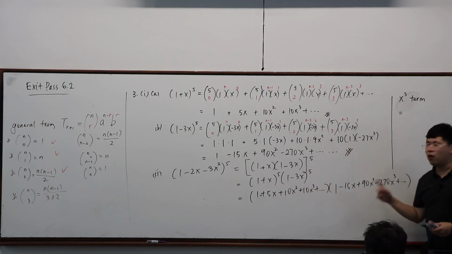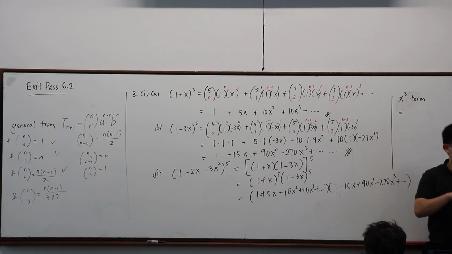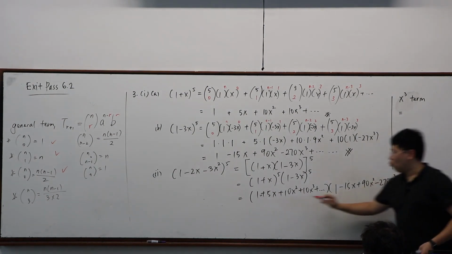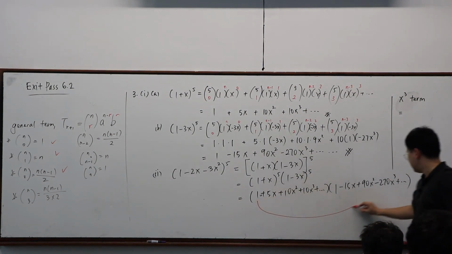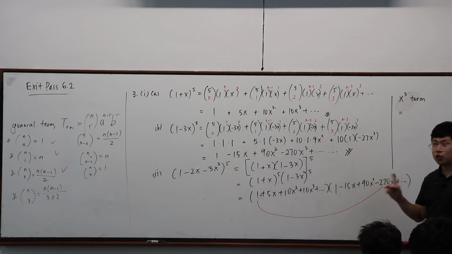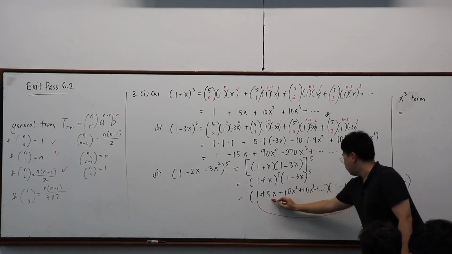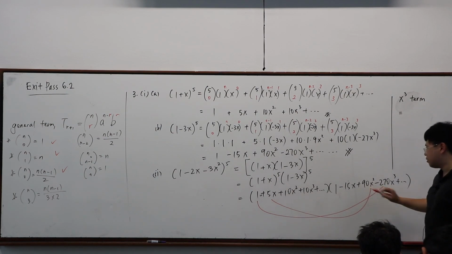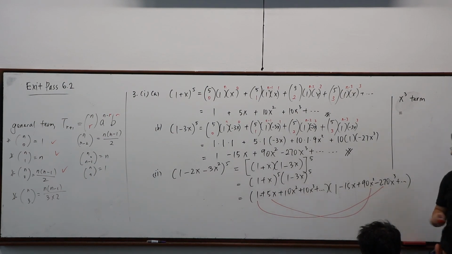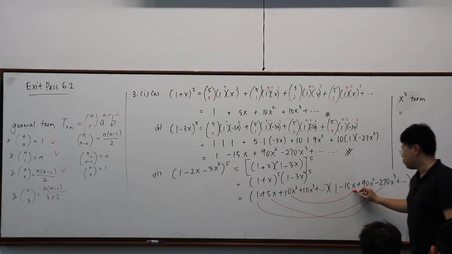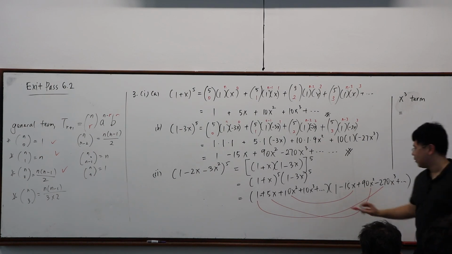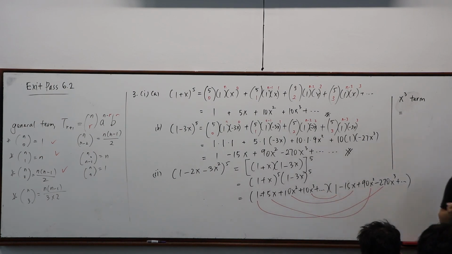But which one will give us the x cubed term? So 1 times this one will give us the first x cubed term. 5x times this will give us the second x cubed term. This times this will give us the next, and this and this will give us the next x cubed term.